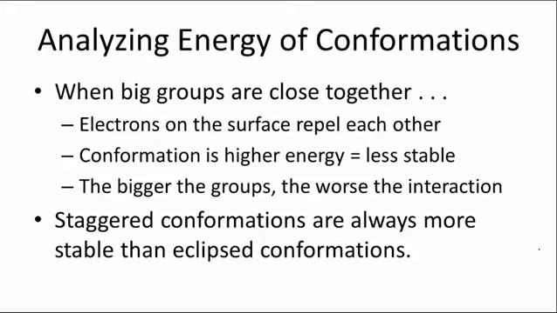A conformation is higher energy or less stable when you have big groups close together. The bigger the groups are, the worse that interaction is. All right, so it's fairly common sense. But molecules are going to prefer staggered conformations to eclipsed conformations because it allows those electrons on the surface of each group to be farther apart.